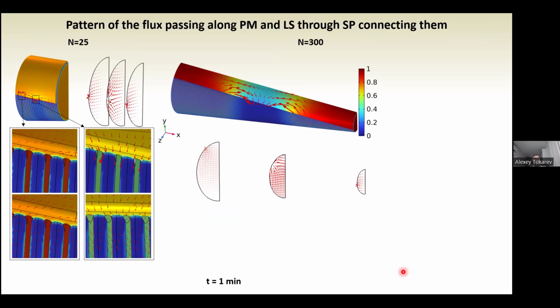So when we solve this task, we understand how the flux along the surface is organized.